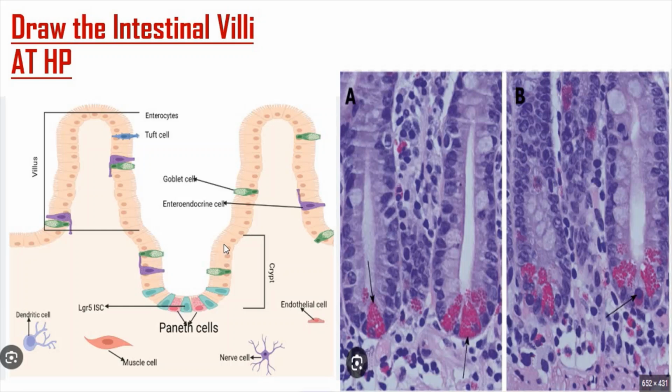These glands have simple columnar cells, and at the base of this gland there are Paneth cells. After you draw these glands, draw this gland here. This is your Paneth cell. Label them, and on the side write the function of the Paneth cells. Only draw this gland at high power.